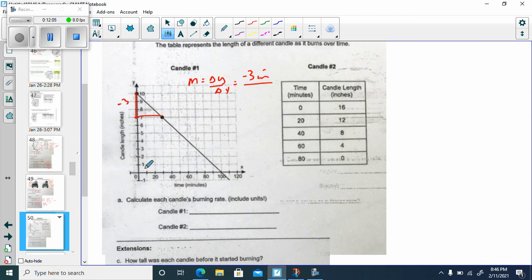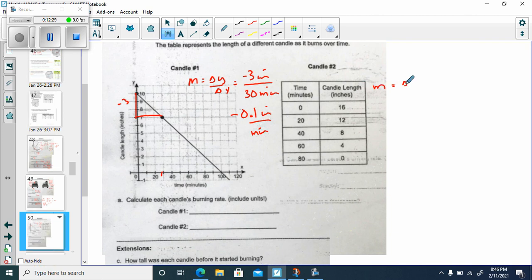From here to here, that would be 30 minutes, right? Going down 3 inches in 30 minutes. If we do the math on that, negative 3 divided by 30, I'll get negative 1/10 inch per minute. Now let's do candle 2.